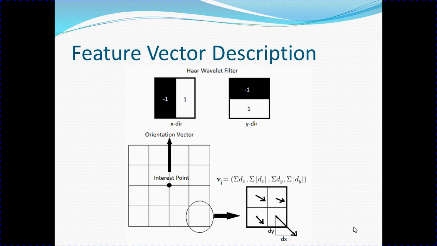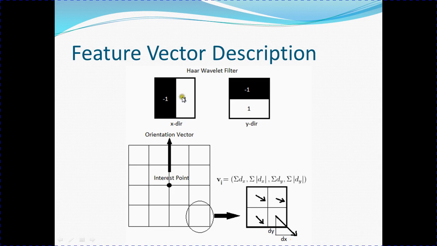So for rotation invariance, we need an orientation. This is accomplished by establishing a circular area around each interest point. The Haar wavelet response is calculated for each one of these and then smoothed with a Gaussian filter. The smooth wavelet pairs represent an XY pair.